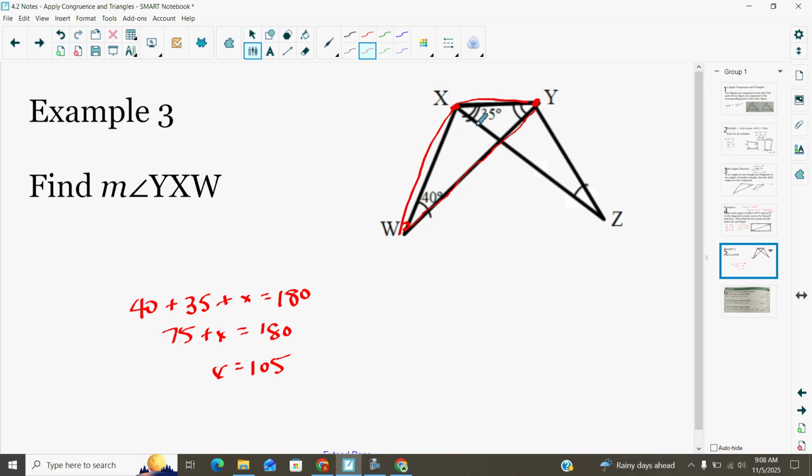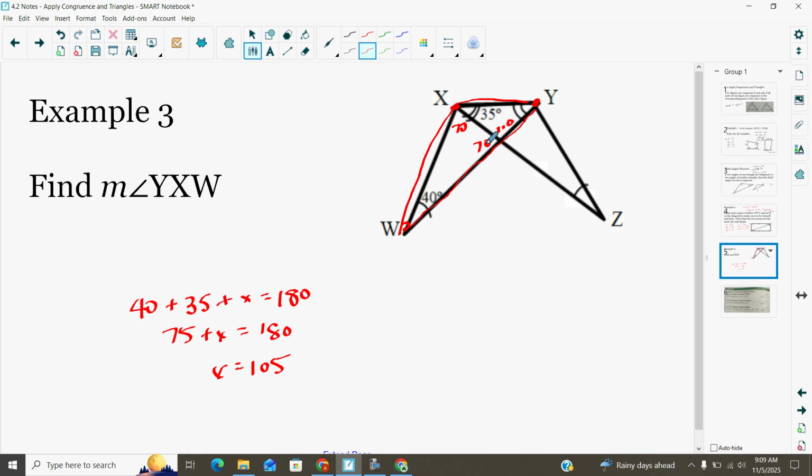We could go through and fill out the rest of this. If this is 35, we know that this is 70 to add up to the 105. 70, 40, that's 110. And this triangle here needs to be 180. So this is 70 as well. 35, 35, that's 70.